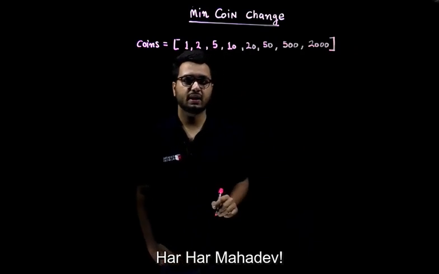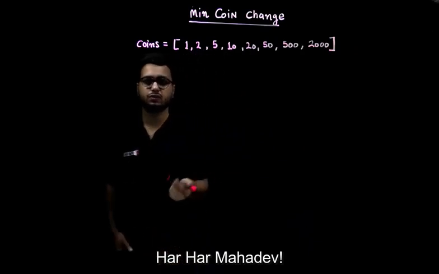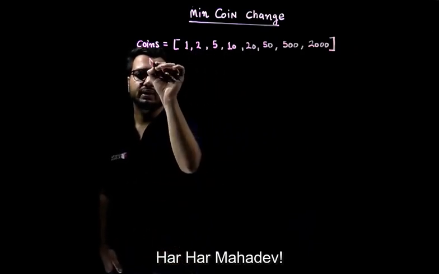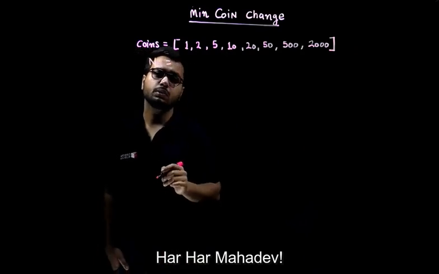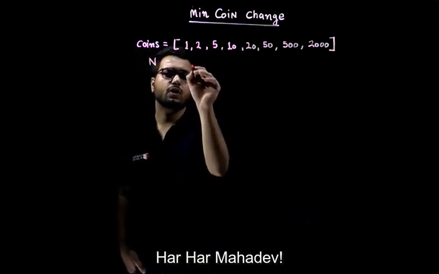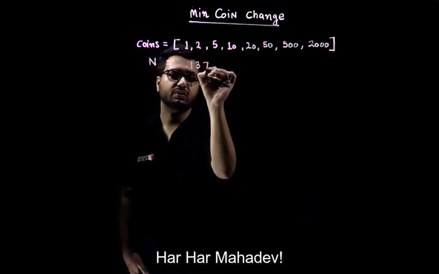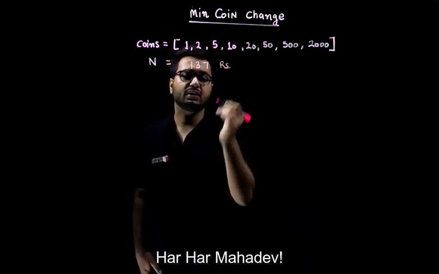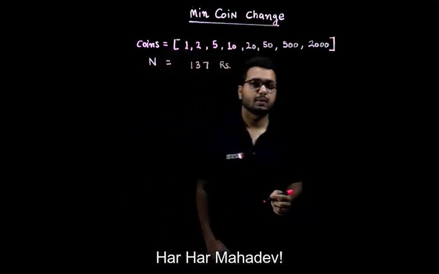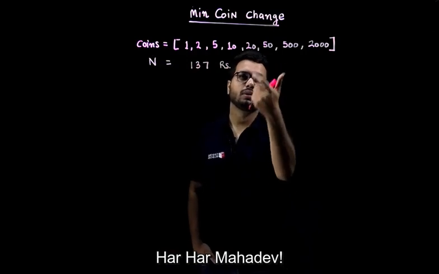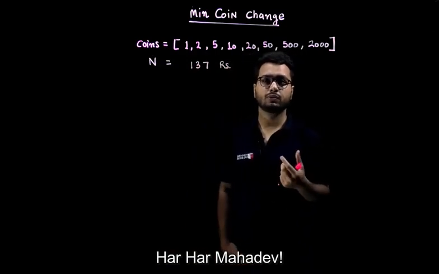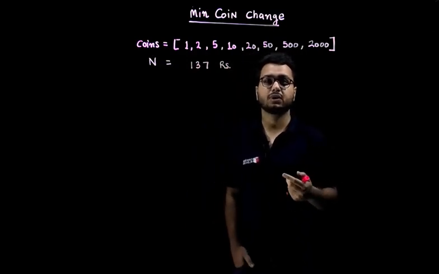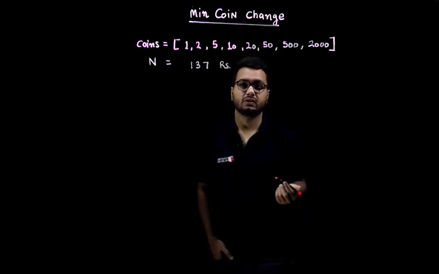So let's say you need to make change for certain rupees. Let's say I want you to give me change for 137 rupees, right? So you need to make 137 rupees change by using the minimum number of coins or currencies from the available denominations, right?